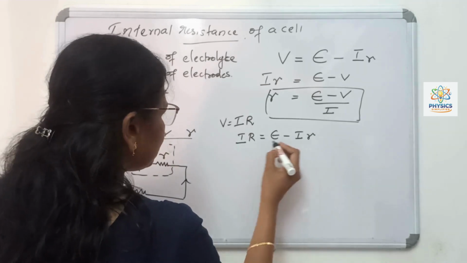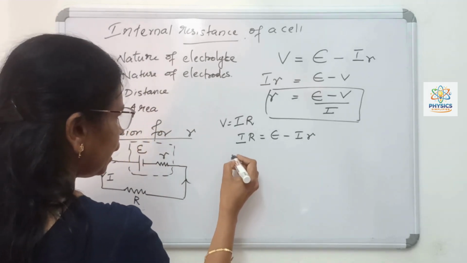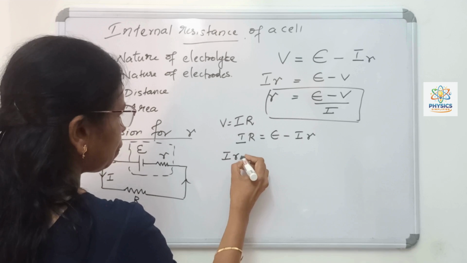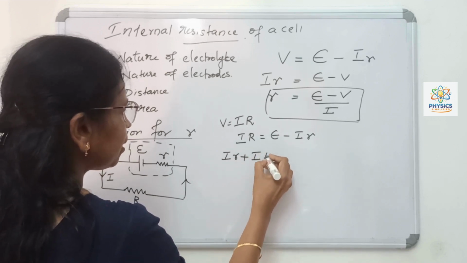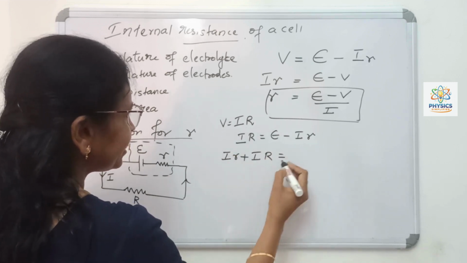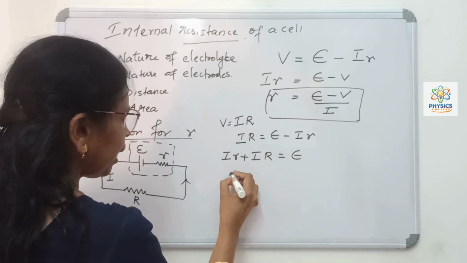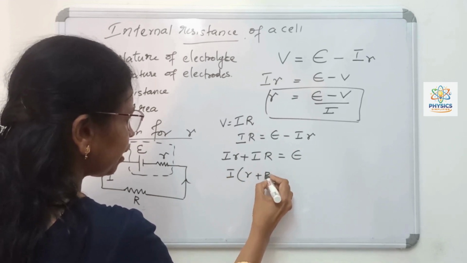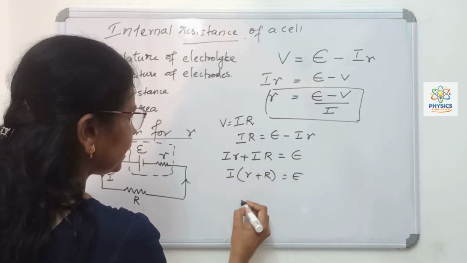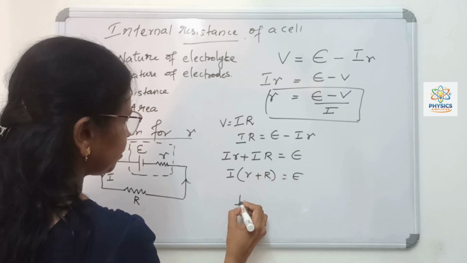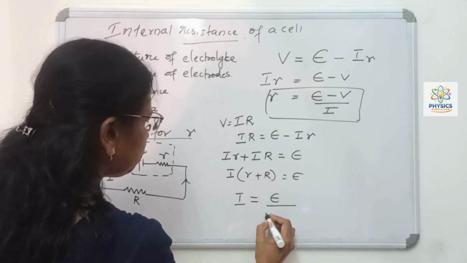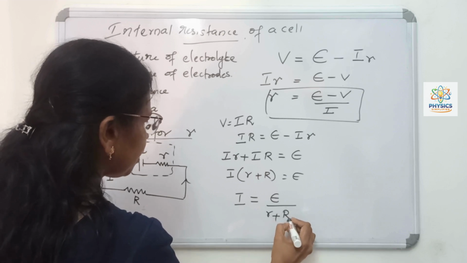Then the same equation we can write I into R plus I into r which is equal to E. If we take I common, we can write R plus r is equal to E. From this relation we can write the current I is equal to E by R plus r.